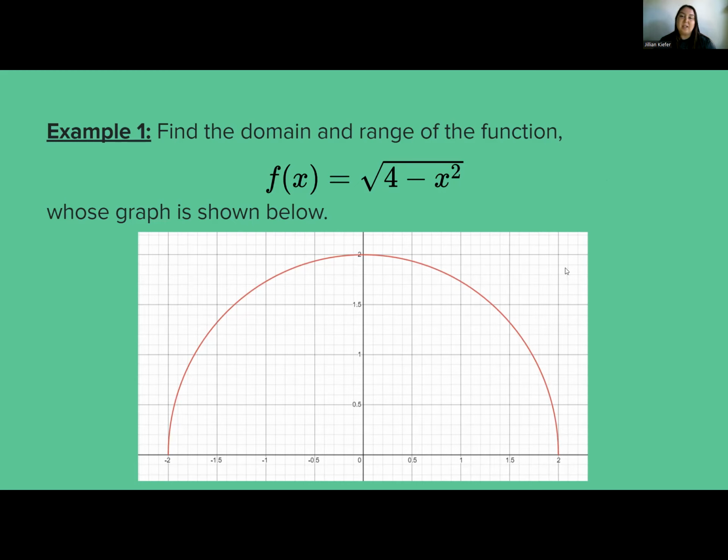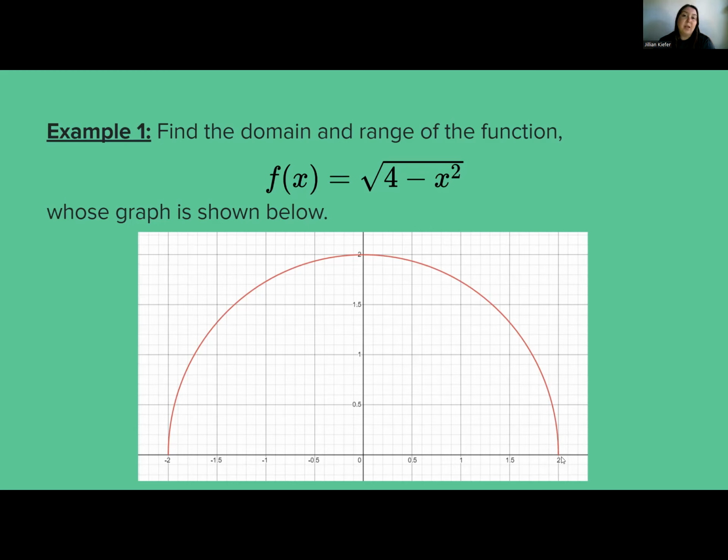Our domain, like we said, is all values of x that are defined, in order from left to right. Looking at the x-axis, going from left to right, on the left-hand side the first defined point of x is -2. Then our function continues on towards the right, and the last value on our right is 2.